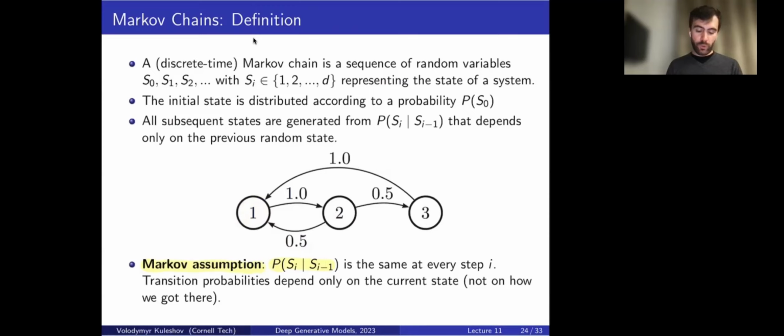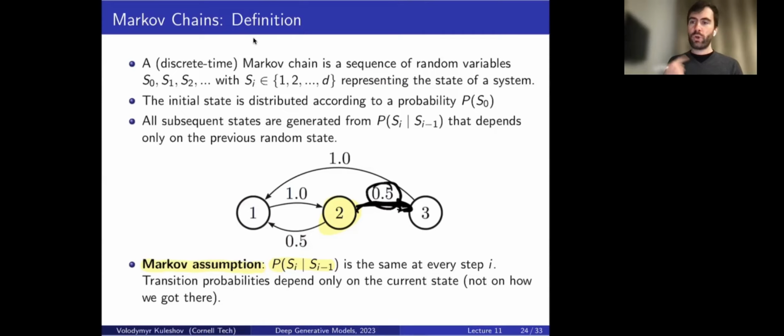So when we're in state 2, it doesn't matter how we got to state 2. Maybe we just started in state 2. Maybe we've been running the Markov chain for 1,000,000 steps. But once we get to state 2, our probability of transitioning to state 3 is always going to be 0.5, no matter how we got there. This is the Markov assumption.